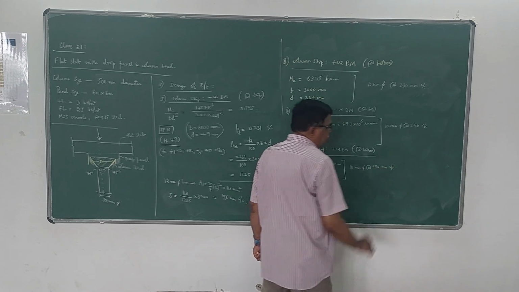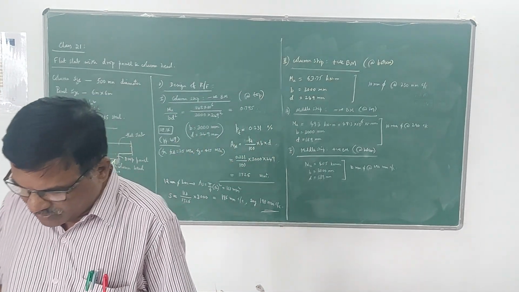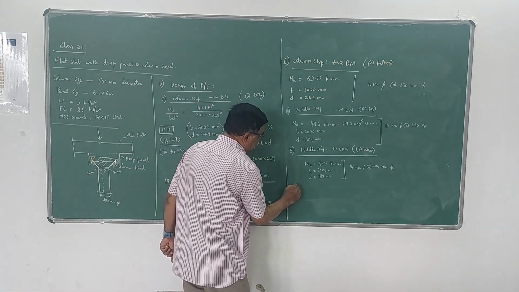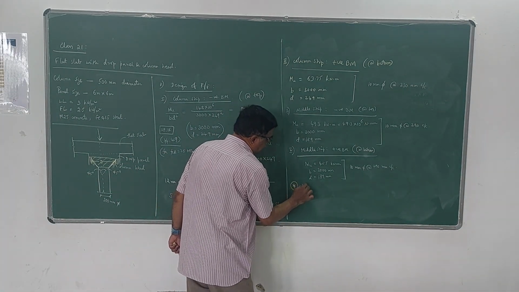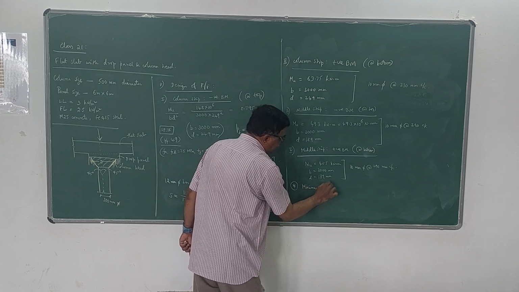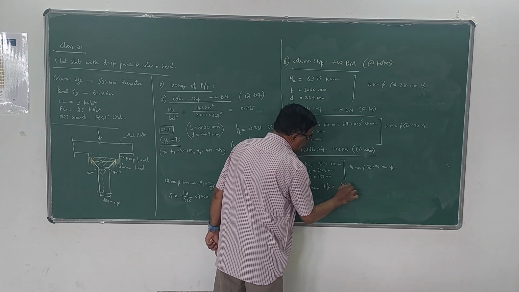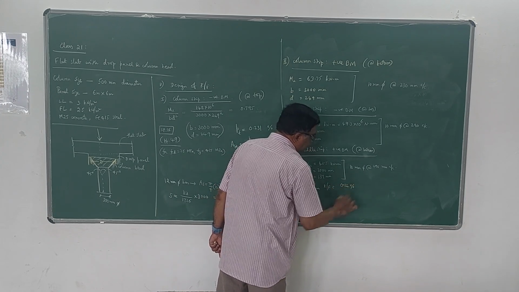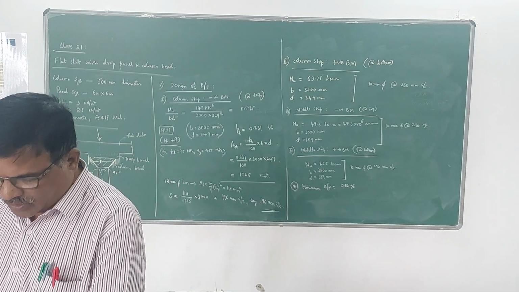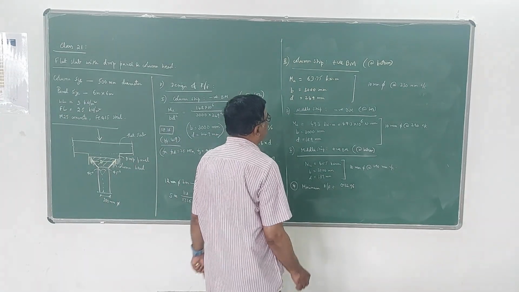Now, one thing we should keep in mind. There is a restriction on minimum reinforcement. So minimum is 0.12%. Please note that in any of these four cases, minimum reinforcement is 0.12%. So 0.12 divided by 100 into 3000 into 215.